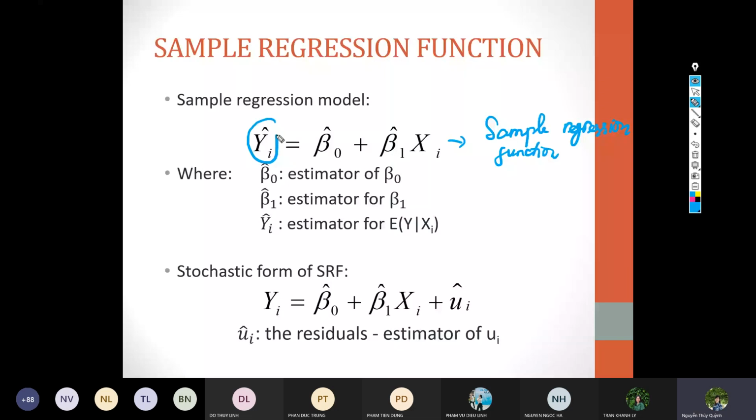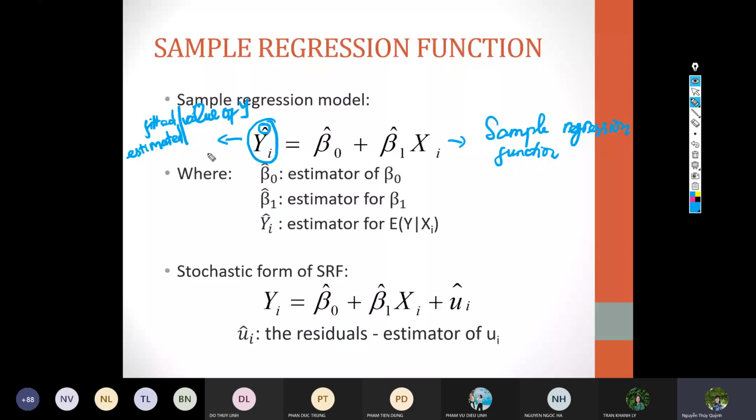Okay, y hat, the fitted value of y, or the estimated value of y. Okay, anything that has a hat over it means that it is an estimator.